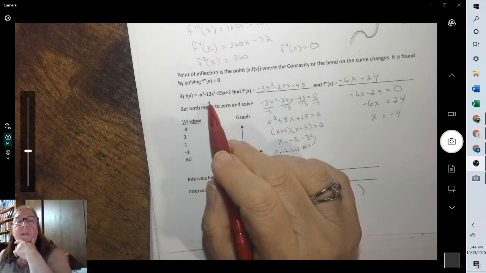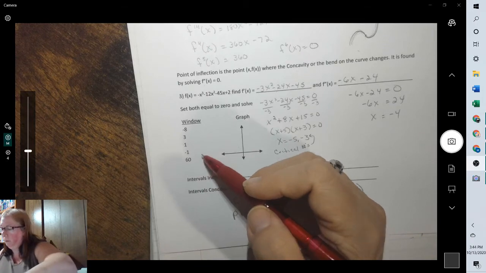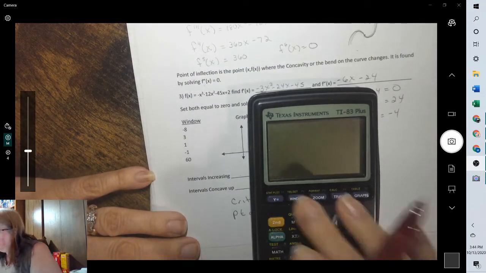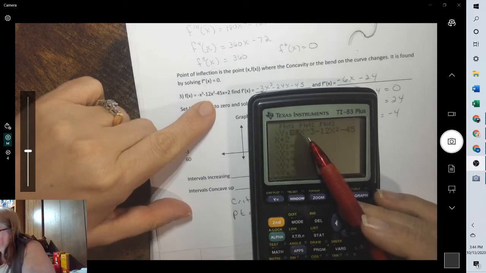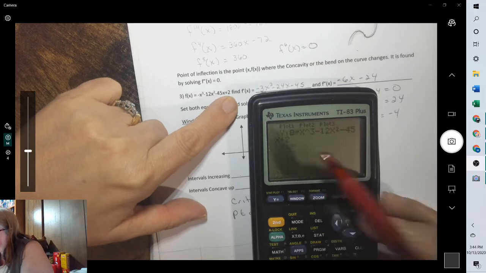But since we're going to graph it, we can just go to the table. So first we want to plug this in and use this window and graph it. Let's just double check: negative x cubed minus 12x squared minus 45x plus 2.